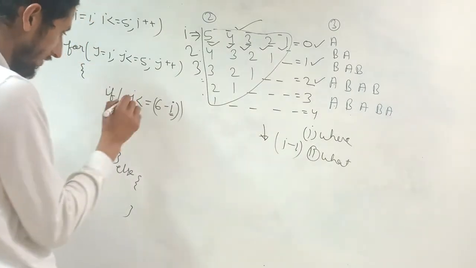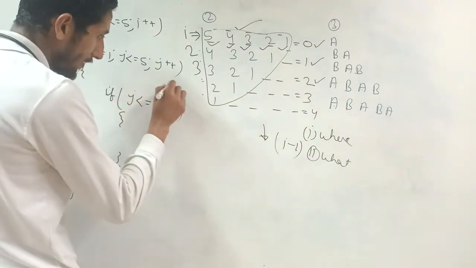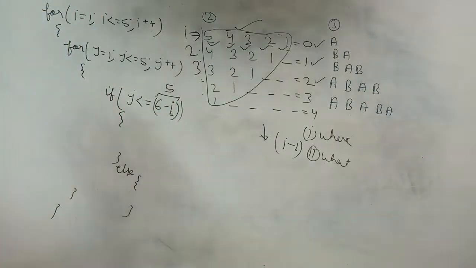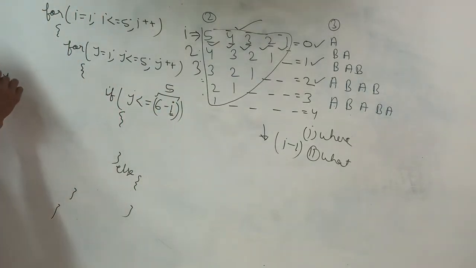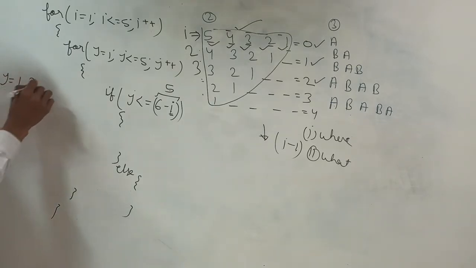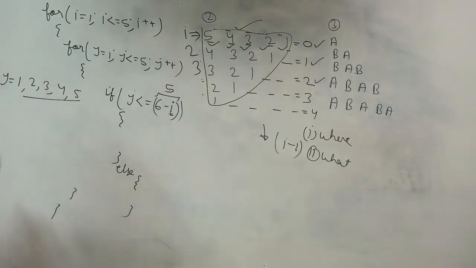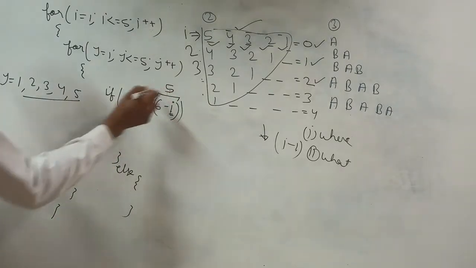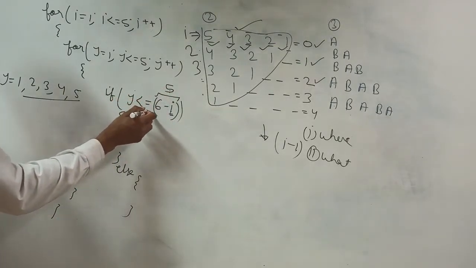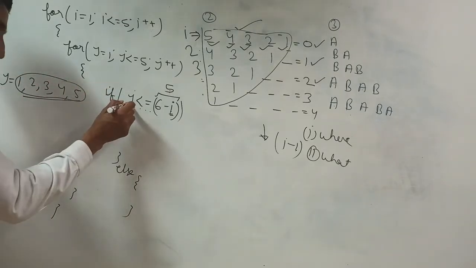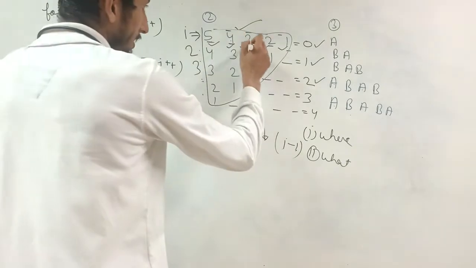The value of i is initially 1, so 6 minus 1 becomes 5. So the value of j will be 1, 2, 3, 4, 5. Are you following? For all values of j, this will become true. It means it will print 5 items.